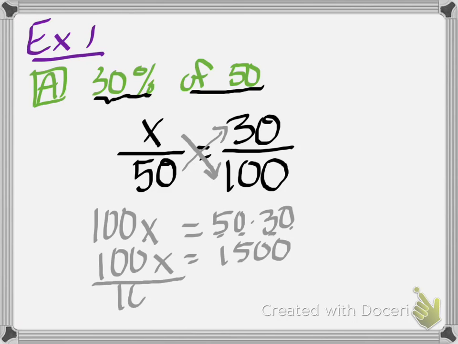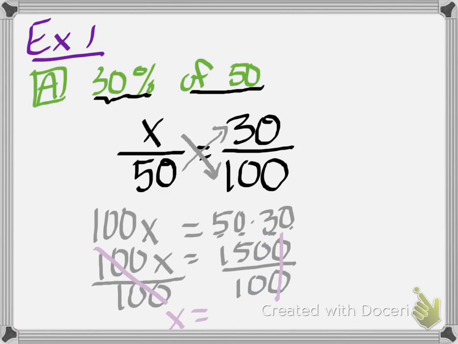Now, when I divide by 100, and this is why I didn't simplify in the beginning, you get x equals, now dividing it by 100, I'm allowed to move the decimal twice. That makes 15. You could also see it as 10 divided by 10 twice, and then that gets you 15.